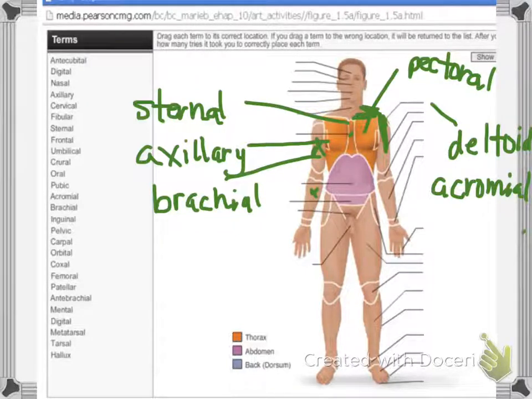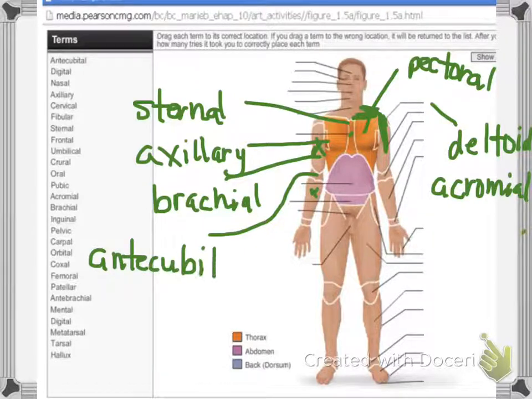Okay? The front of the elbow right here is called the antecubital. You remember how I taught you how to remember that one? Where would you take a tube of blood? Tube rhymes with cube. Antecubital is right there. The forearm. This is the antebrachial.